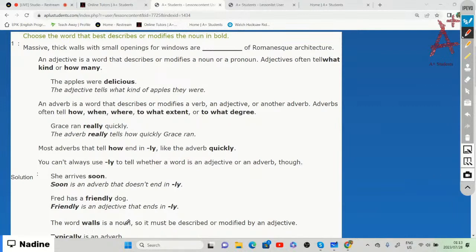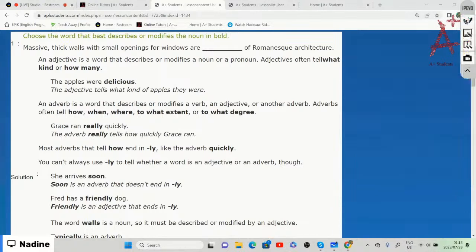"Massive, thick walls with small openings for windows are what of the Romanesque architecture." We need to choose the word that best describes or modifies the noun in bold.